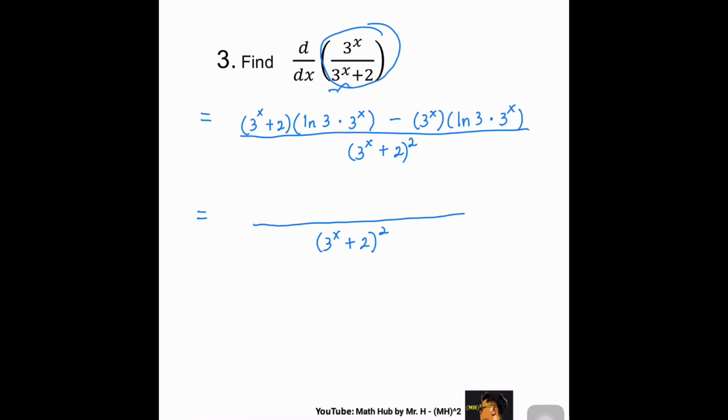And then if you can see from the numerator, we can factor out this one and this one because both terms have that factor. So let's take that out. So ln of 3 times 3 to the power of x is taken out. And if we take out that factor from this term, we will be left with 3 to the power of x plus 2.